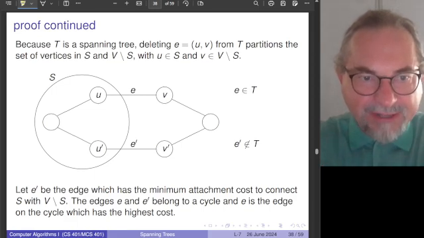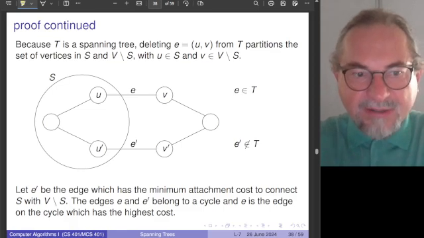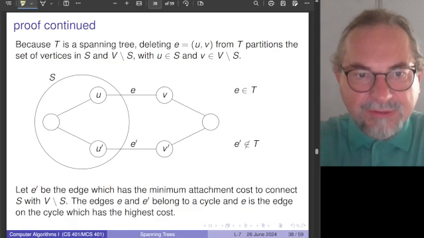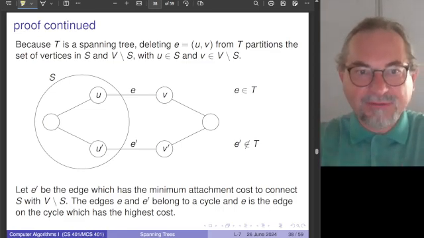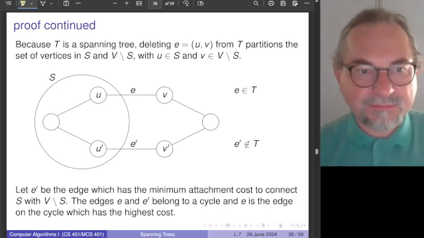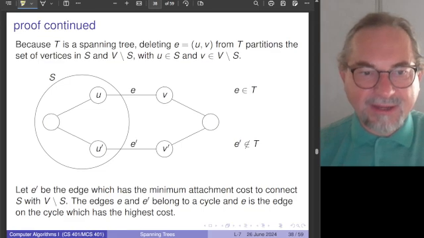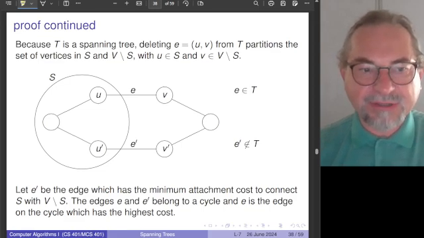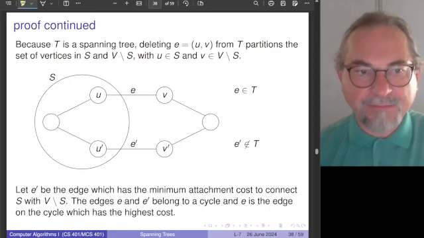The edge connects two vertices, and we have this set S. In this cycle, we separate the vertex V from the rest, from U. And in this cycle, there is another edge E prime which has the minimum attachment cost to attach V prime to S.